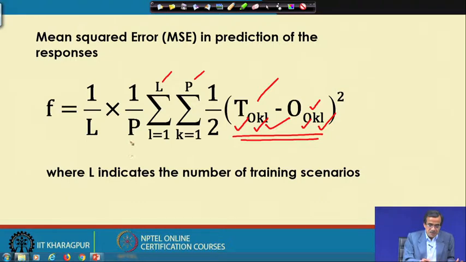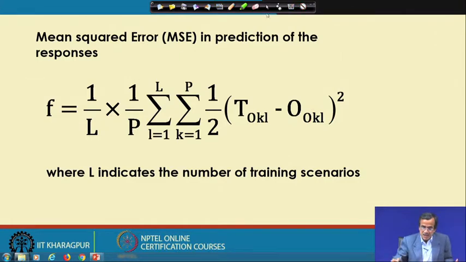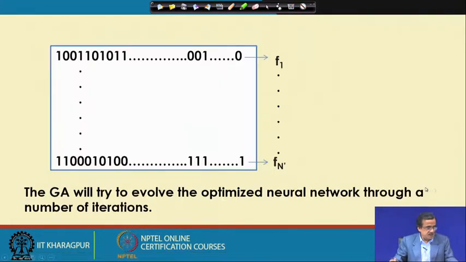So, using this expression, I can find out the mean squared error in prediction, and this mean squared error in prediction is nothing but what I mentioned as the fitness.